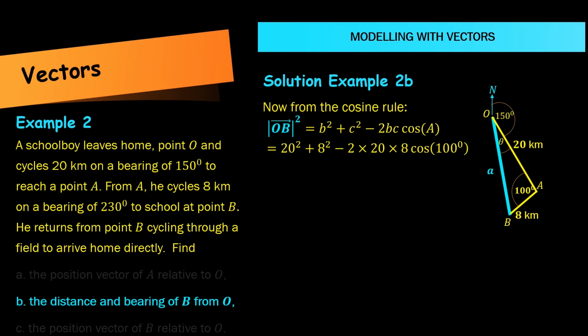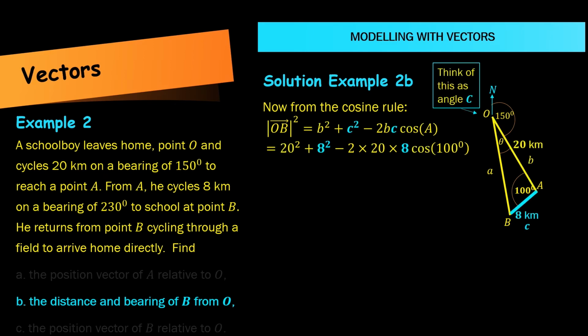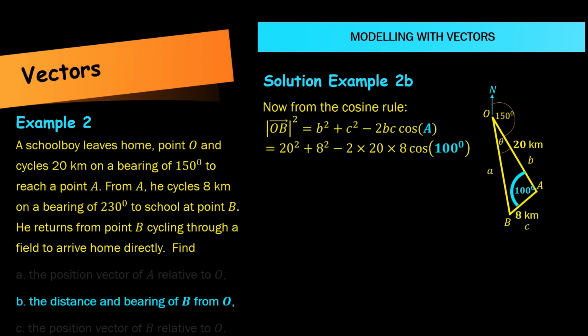Mod OB is a because it's opposite the angle capital A. Little b is the side length opposite angle B and is equal to 20 kilometers and is plugged into the formula. And now think of the origin, or O, as angle capital C. The side length little c is opposite capital C, and that's 8 kilometers, so we plug that into the formula too. The angle A is equal to 100 degrees.